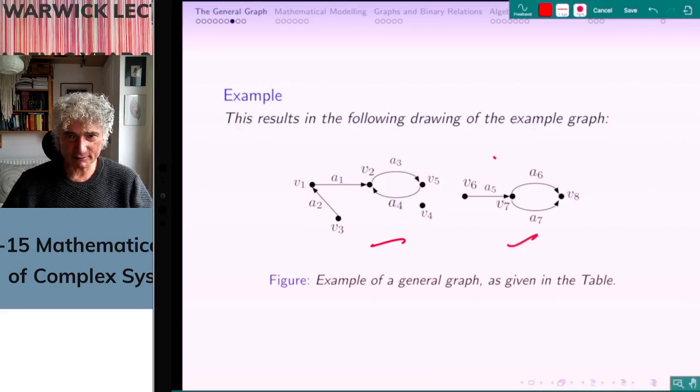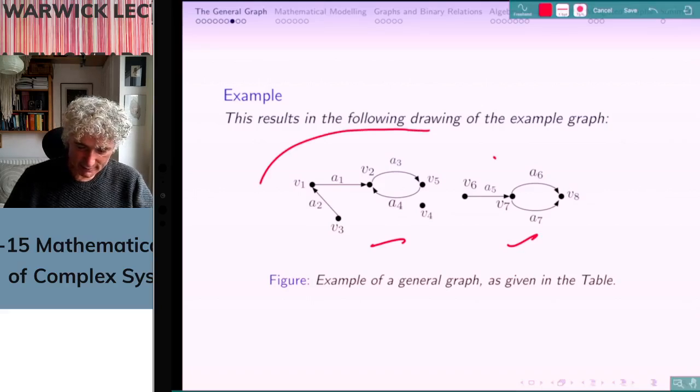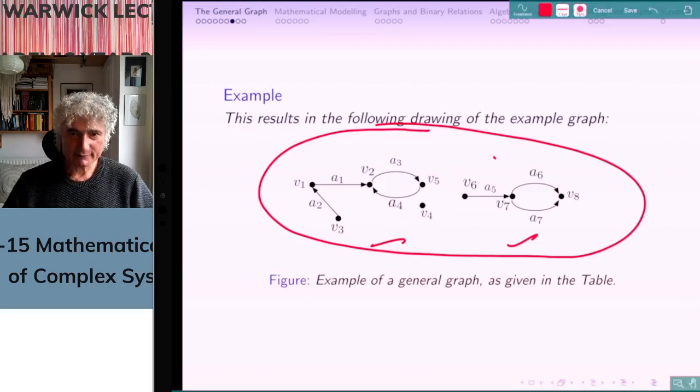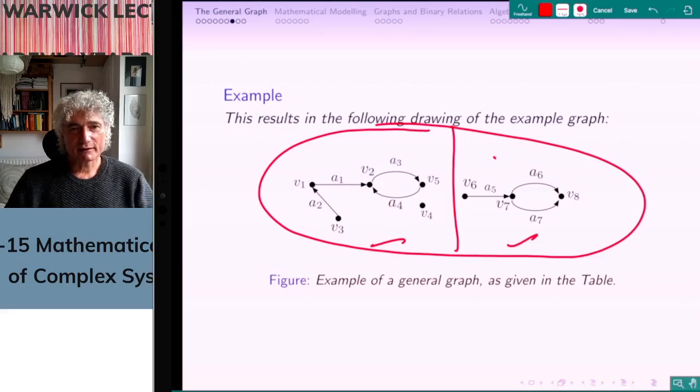So you would see that there are 2 components. We will discuss that in a moment of this graph. So the entire graph here is not entirely connected. So there are 2 components which are separated here. I'm just pointing that out because you might not have seen that so easily in the table.